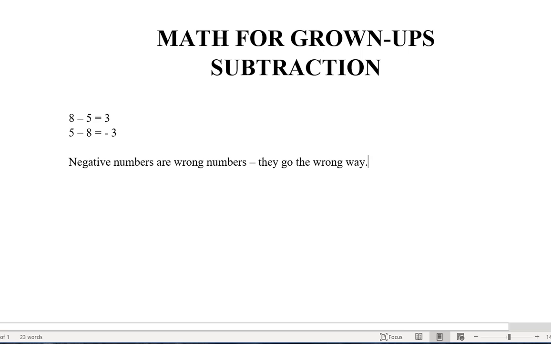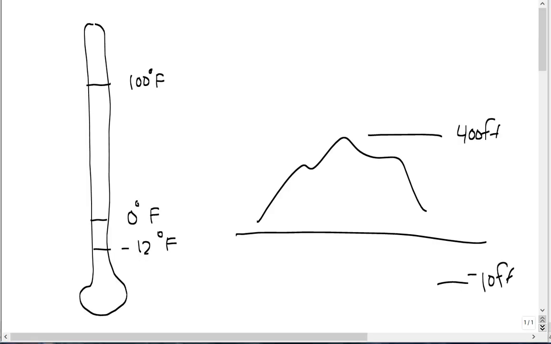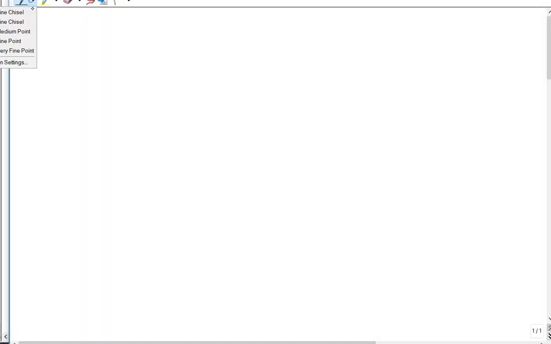One interesting thing is if we reverse the order of subtraction, we get the negative of the answer. Just like that, 8 minus 5 is 3, 5 minus 8 is -3. This is a trick that we can use to our advantage. For example, let's say someone says, hey, what is 170 minus 238?